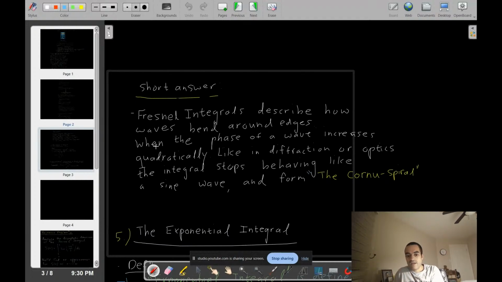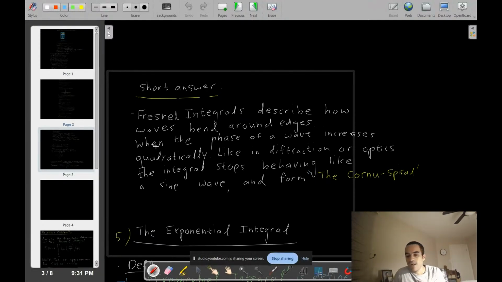And how the wave increases, actually in a quadratic way, which is pretty interesting. I know I'm getting a little bit off topic. We're going more into physics right now, but I'll get back to math. So if you have a diffraction wave or optics, the integral stops behaving like a sine wave, and it starts behaving like something called a Cornu spiral.